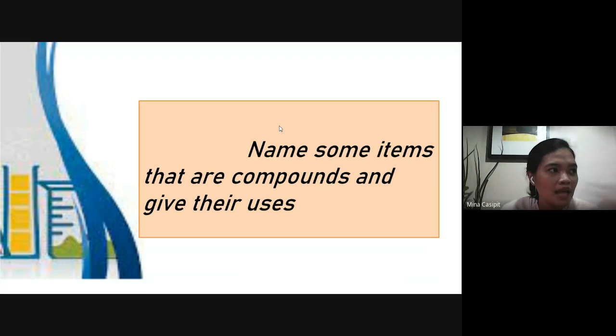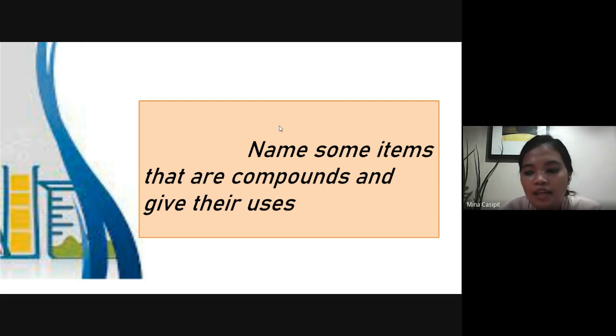Yung nilalanghap natin na hangin, carbon dioxide, oxygen, yung carbon dioxide nilalabas natin, yung oxygen nilalanghap natin. So, those are compounds, di ba po? Etong upuan, it is made of 2 or more elements. What else? Maging yung mga unan natin, they are considered as compounds. Mga higaan. So, lots of items present around us are composed of 2 or more elements.